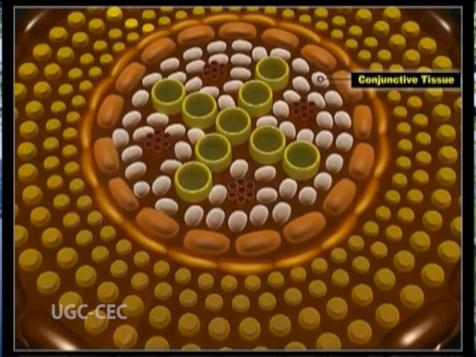Parenchymatous conjunctive tissue is found in between xylem and phloem strands, which during secondary growth constitute vascular cambium. Such conjunctive tissue is of sclerenchymatous type in monocot roots. Therefore, it does not produce vascular cambium, and hence monocot roots do not show secondary growth.